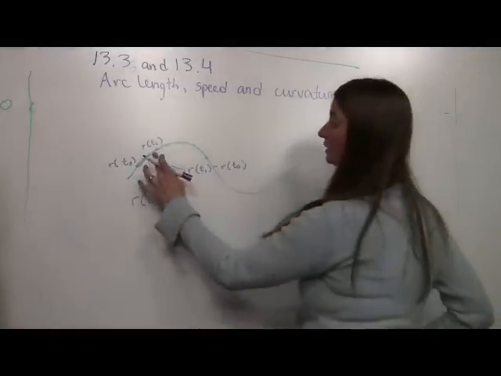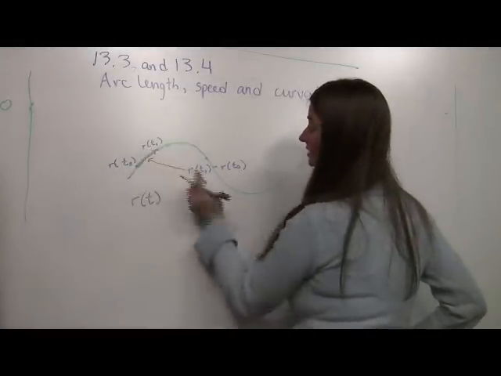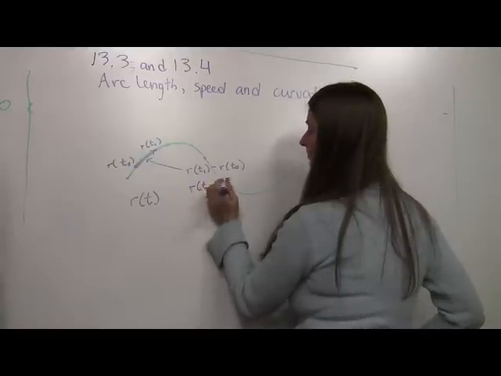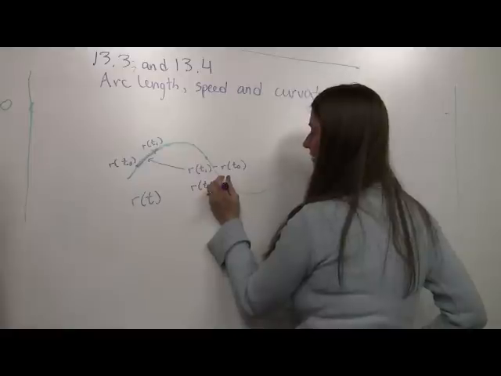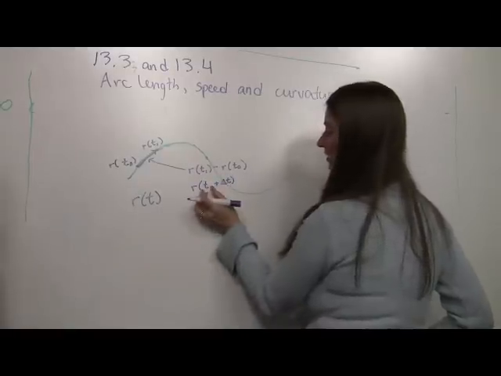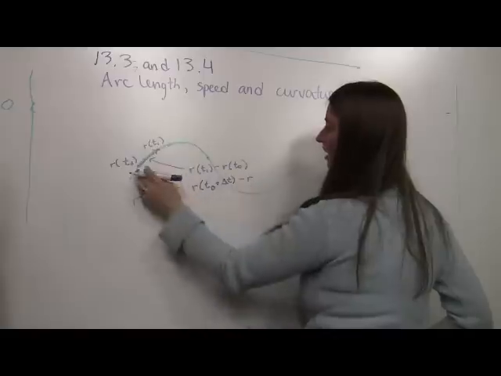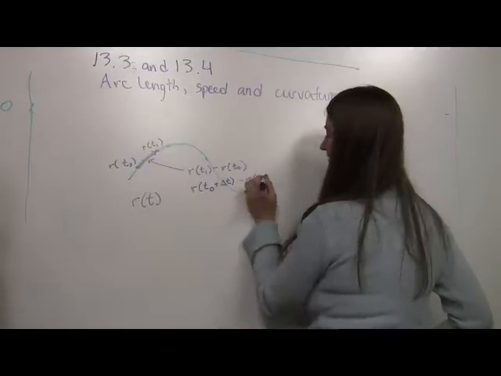So an equivalent way to represent this difference is r of t naught plus delta t, that's our t naught plus a small change in time, minus our original r of t naught.